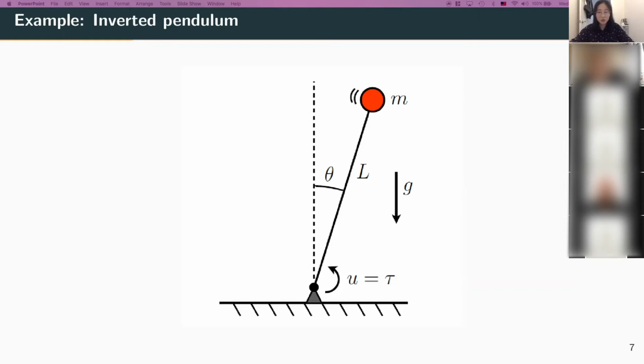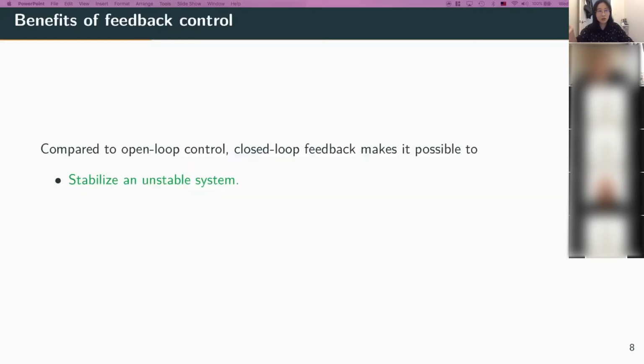And this is when closed loop feedback control comes in. Essentially what we want to do is monitor the angle that the pendulum deviates from the vertical position, and correct the system based on the measurements of this angle. So there you have a feedback: you measure the angle, and then you feed it to the controller.